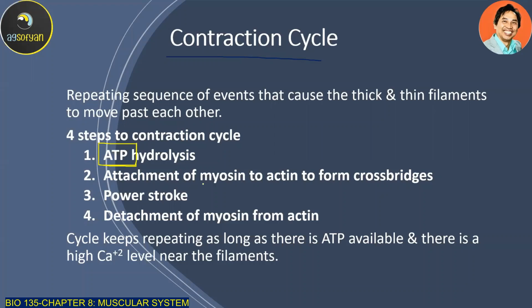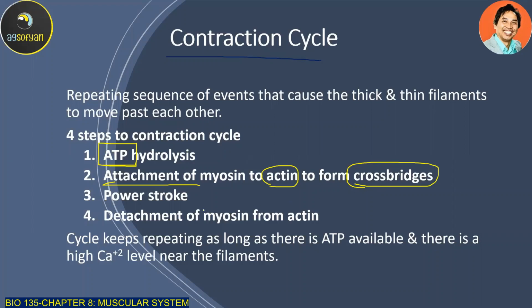It will cause the myosin head to attach to the actin, making what we call the cross bridge. So ATP will hydrolyze and make the myosin attach to actin, causing the cross bridge.